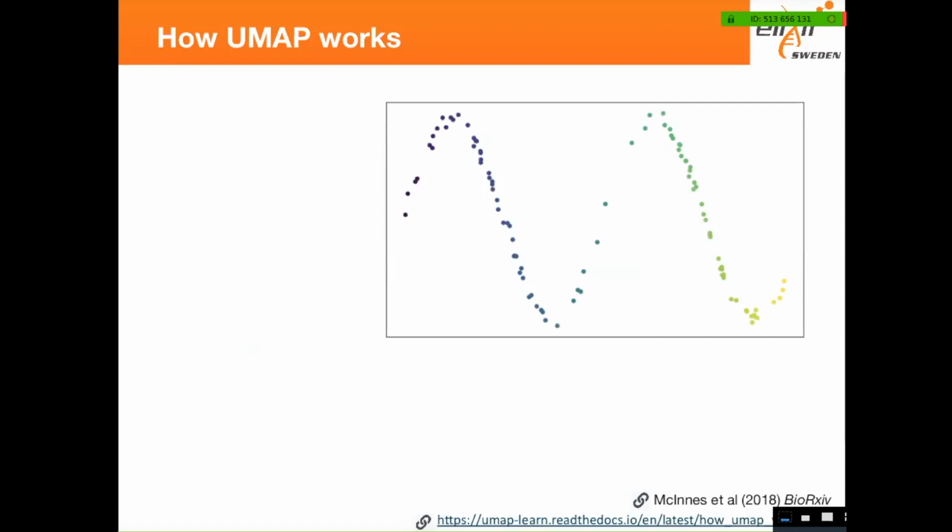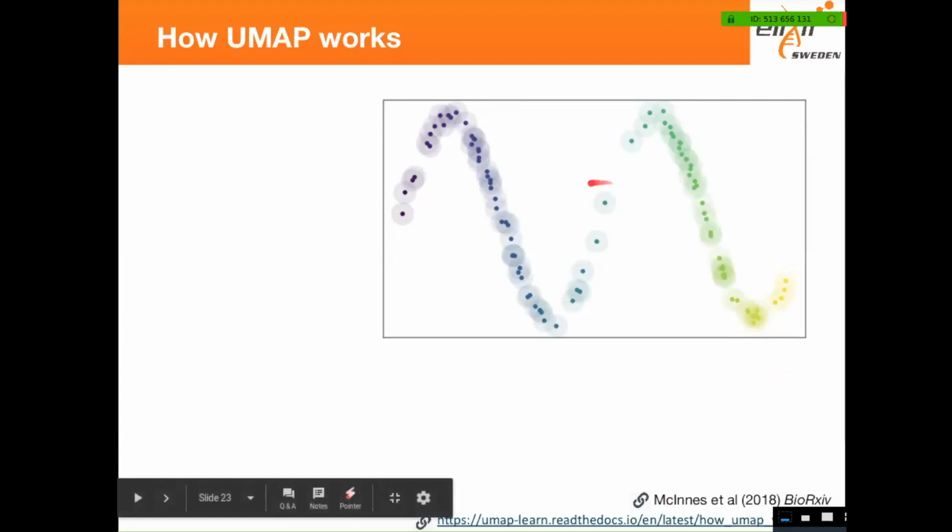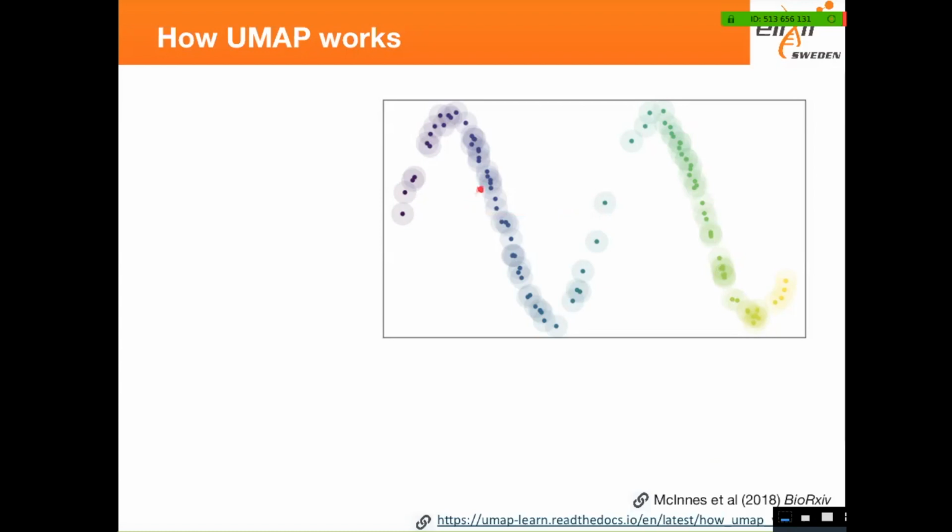So let's try to visualize that in another way. This is also the example that McInnes gave in his presentation. Imagine that you have all those points, and then you can define an area where those points would be connected. For example, those that share a shaded line, like this, you'll connect this point to these other two because they share some parts in here.